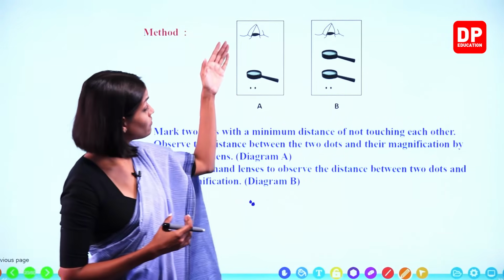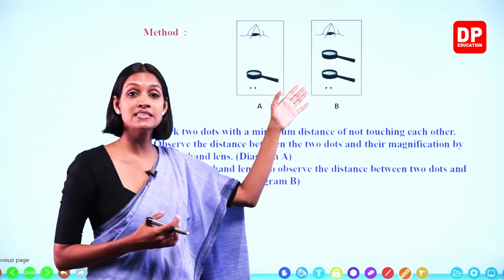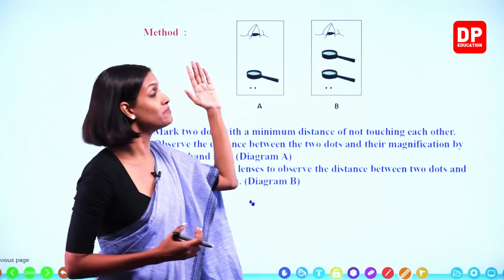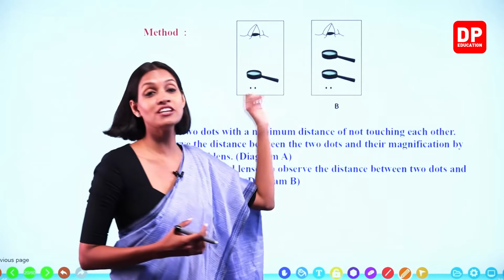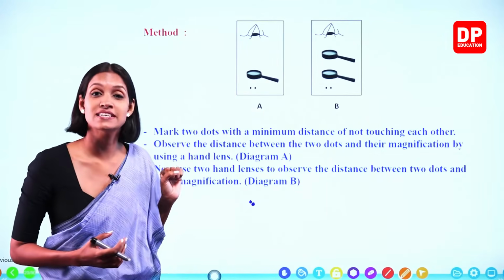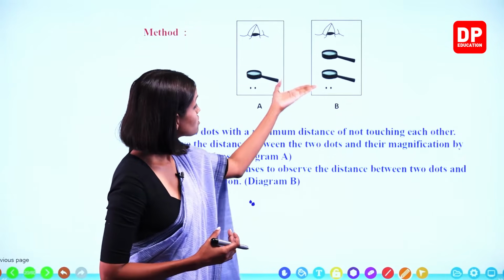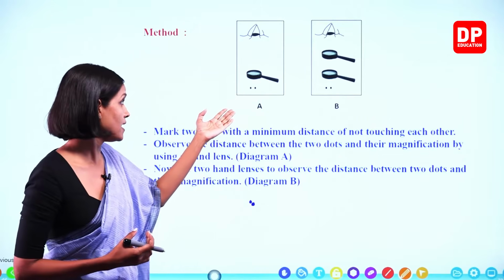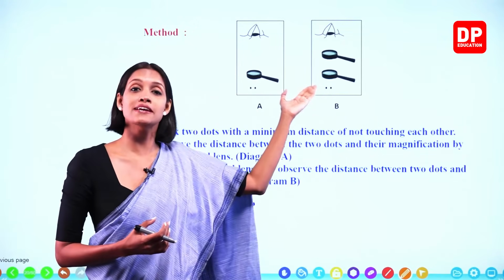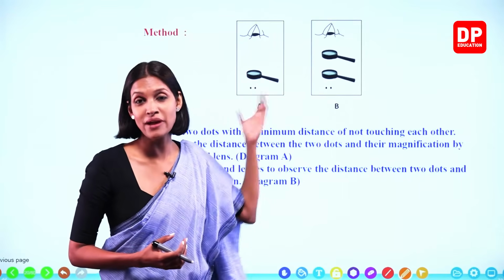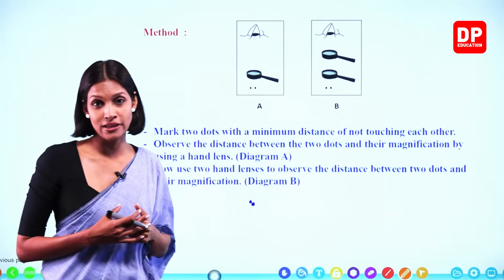But what happened when we looked through two hand lenses? The distance between the two dots was even higher and the magnification was also even higher than the first instance, right? Which means we can use two hand lenses instead of one hand lens to get a better resolving power and magnification when we look through something.